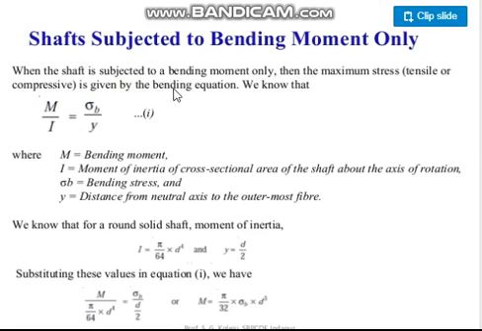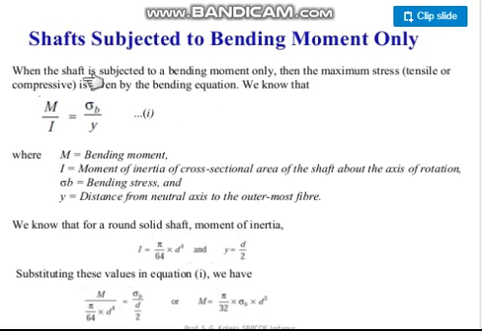Okay, sometimes shafts are subjected to bending moment only, but it is a very rare case. When you say shaft, it should be able to transmit torque. But for theoretical purposes, let us assume that shafts are transmitting only bending moment. When the shaft is subjected to bending moment only, then the maximum stress is given by the bending equation.